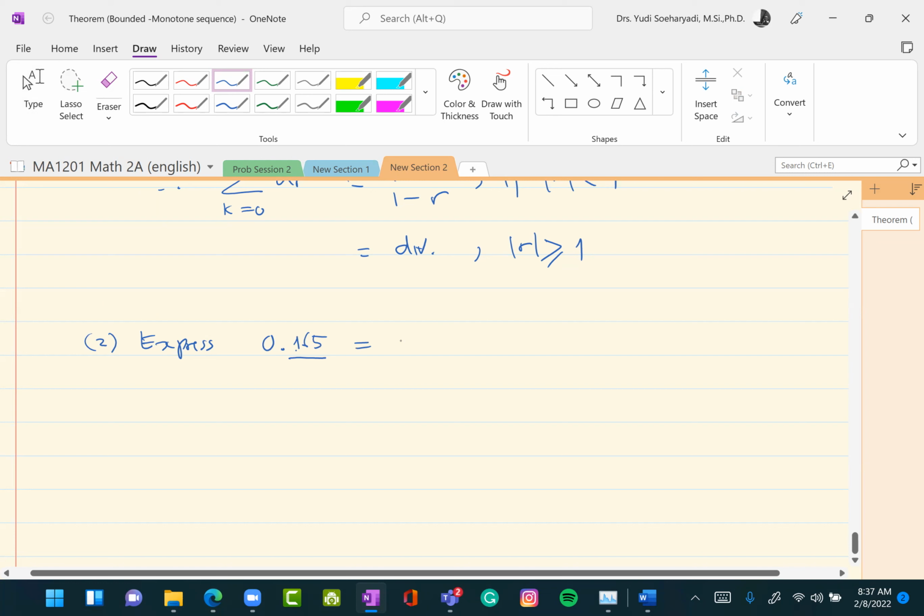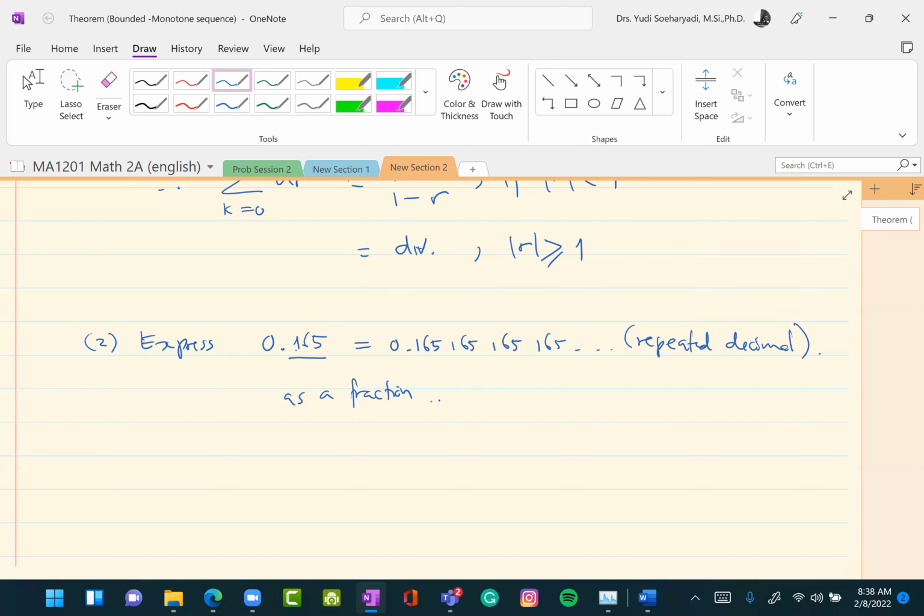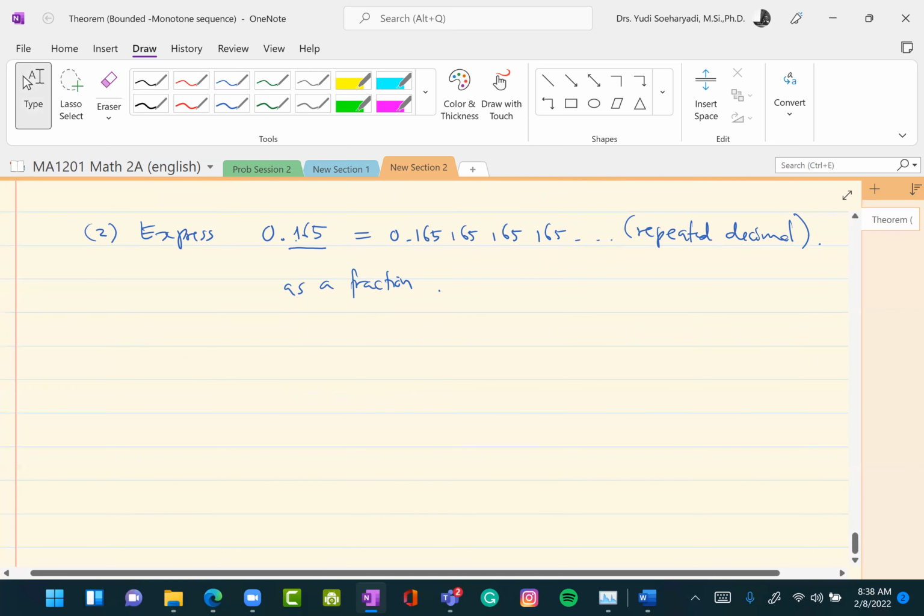Okay, what does this mean? Repeated decimal. Express this as a fraction. Okay, again, this is another type of problem from high school. All right, so let's see this one here.